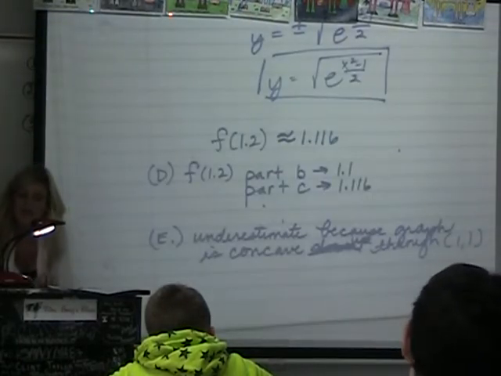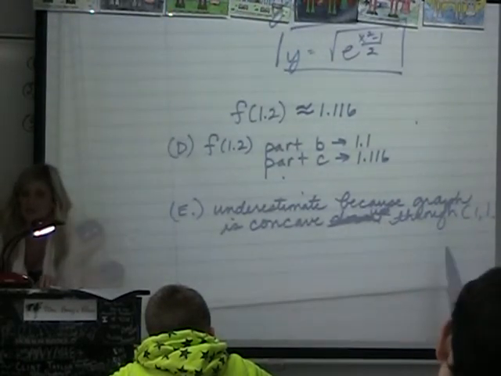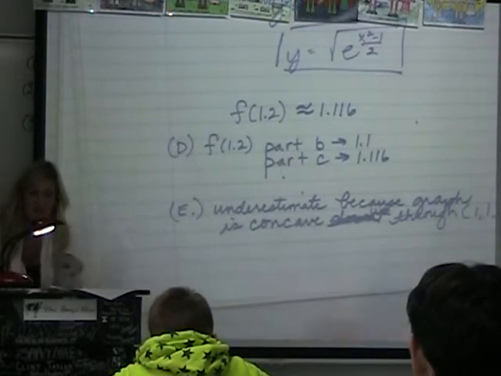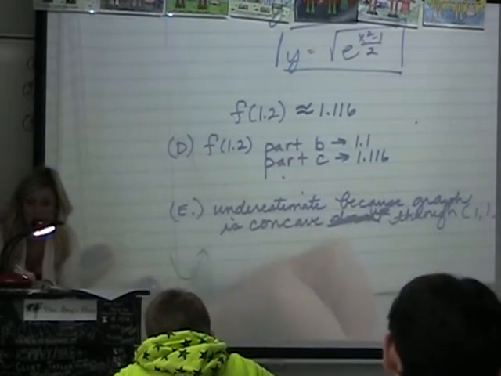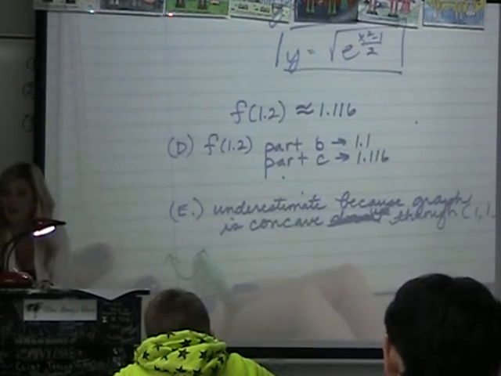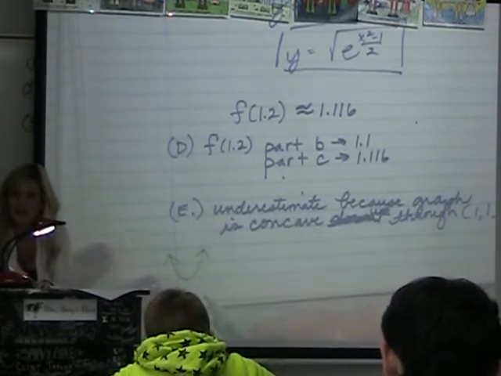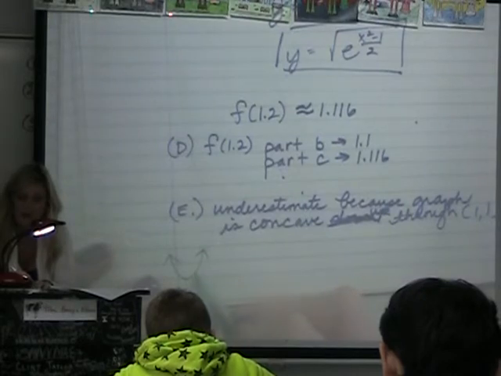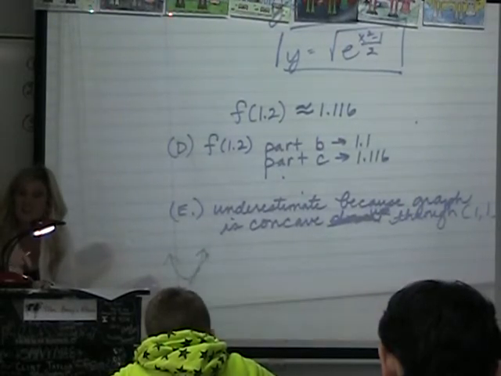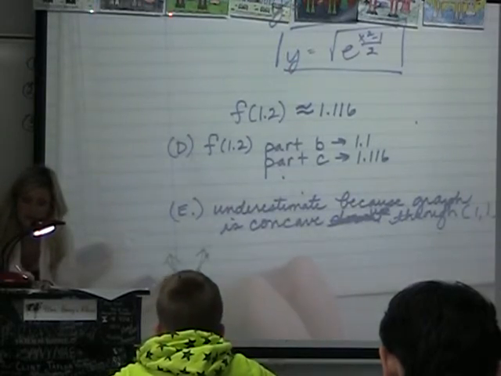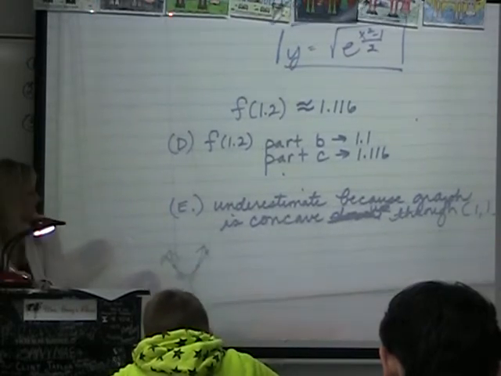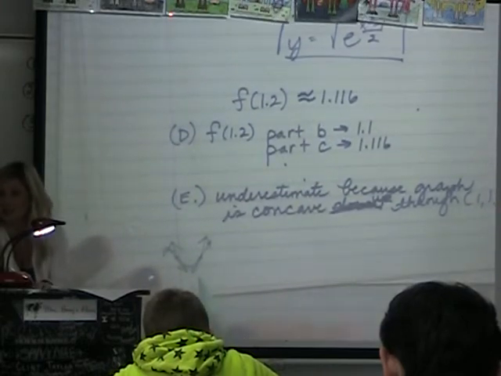Well, the reason it's an underestimate, and you don't have to write this down, I'm just explaining it to you. If you have a parabola, say, that's concave up, the tangent line to any point on that parabola is going to be underneath the curve, no matter where you pick the point. And your estimate is coming from that tangent line.